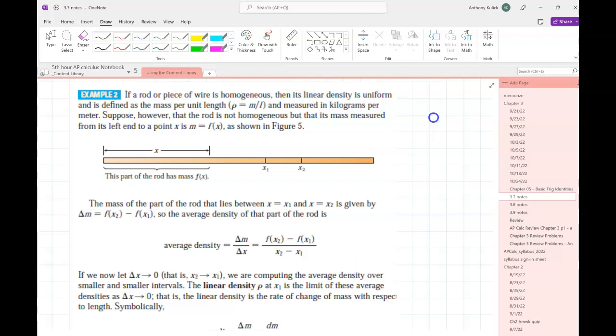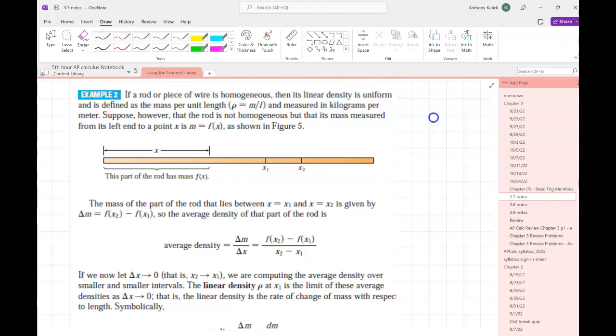So the average density of that part of the rod is just going to be the slope, right? Change in mass divided by change in length. That's going to be our average density. Density is mass over length in this problem.